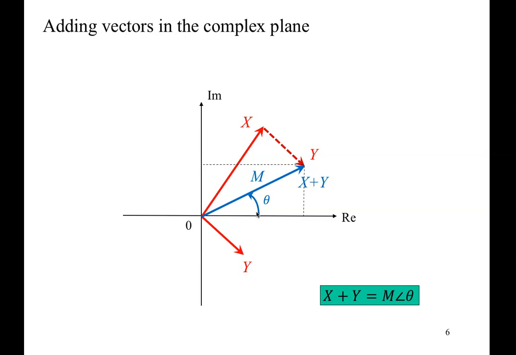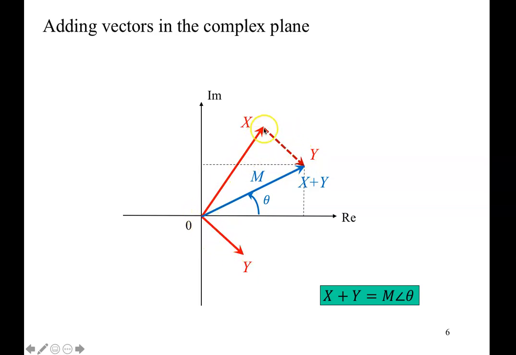The second method is that I have the first number X. At the end of X, I just draw Y, or a line parallel to Y, pointing down. So I'm adding Y, as if I move the Y to here.